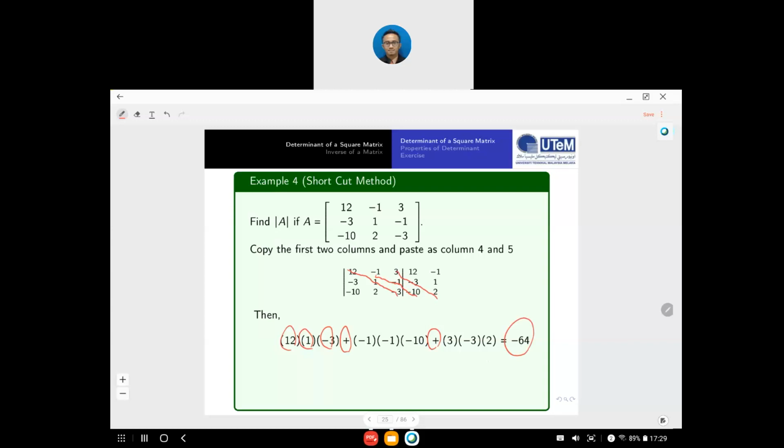And then for this one you multiply the diagonal from the top left to the bottom right.